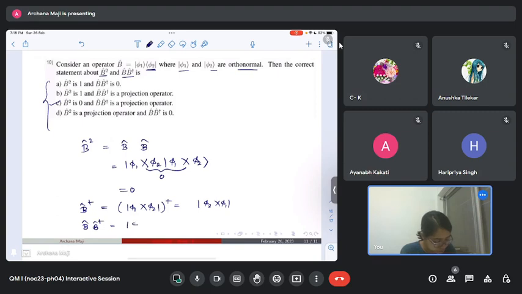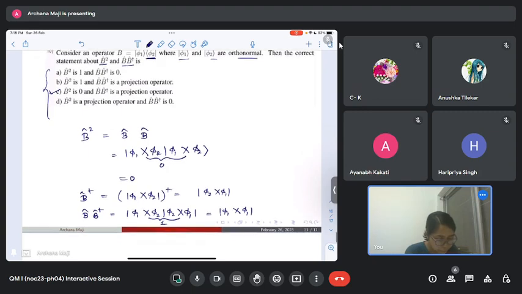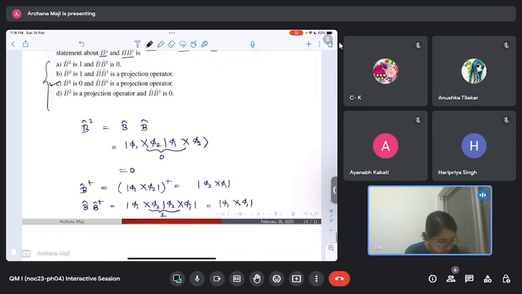B dagger is phi 2 phi 1. Now this is 1, so it's phi 1 which is a projector. So yeah, C option is correct. B cap square is 0 and this is a projector, the projector corresponding to phi 1.